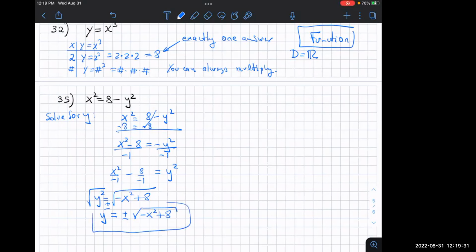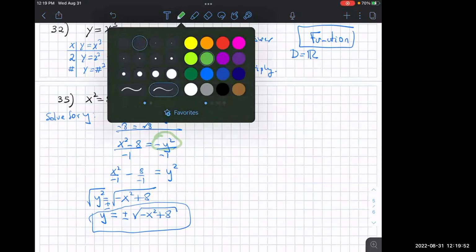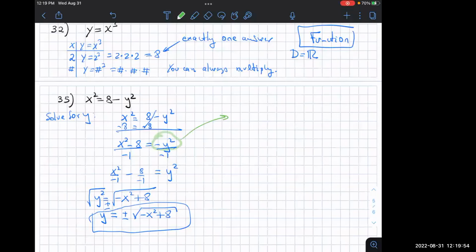Excuse me, Professor. How did we come up with the number -1? Yes, because we had negative y squared, right? Let's put this in a different color. Negative y squared, you can think of as -1 times y squared.